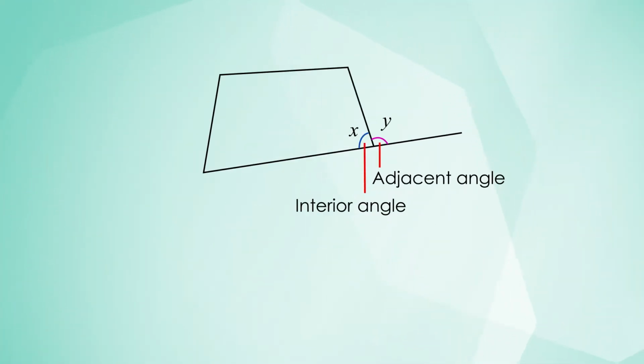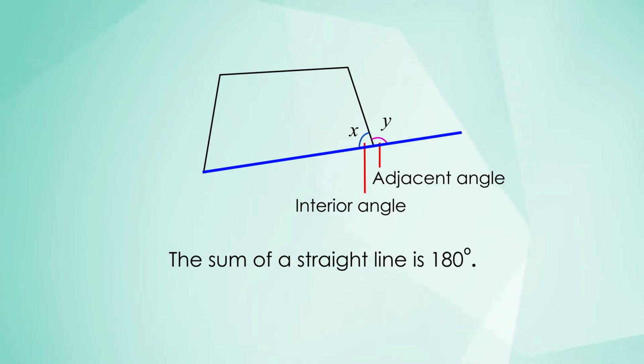As you can see, the interior and the adjacent exterior angle actually form a straight line. So, knowing that the sum of a straight line is 180 degrees, we can conclude that the sum of x, which is the interior angle, with y, the adjacent exterior angle, is 180 degrees. These angles are known as supplementary angles.